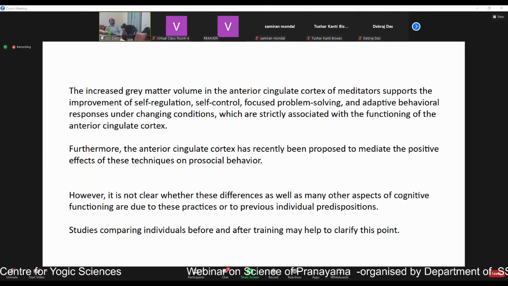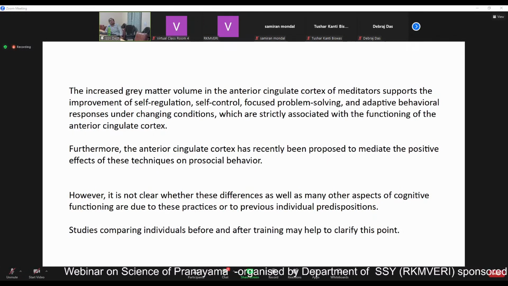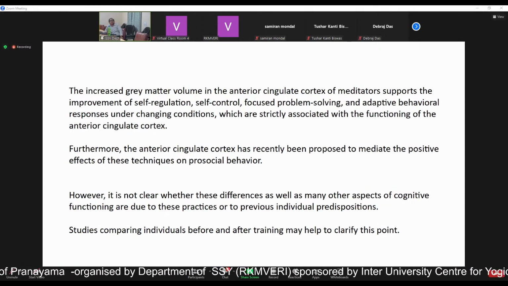So basically they are trying to infer that this area, where the volume has increased, suggests this kind of practice probably helps us improve self-regulation, self-control, and focused problem solving, and makes us more adaptive under changing conditions.